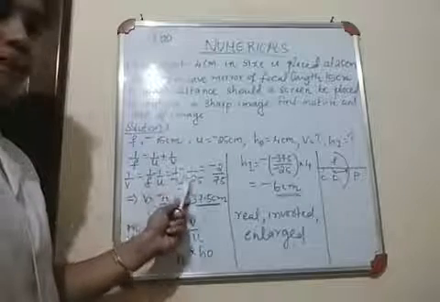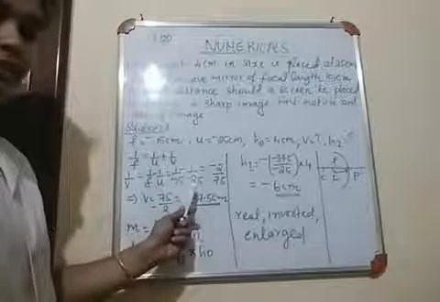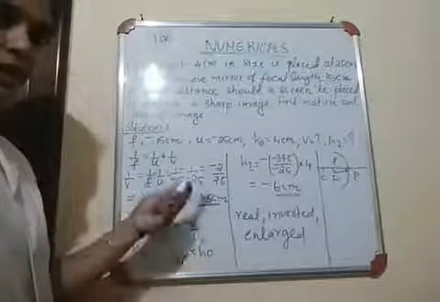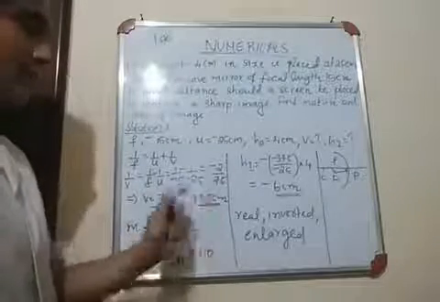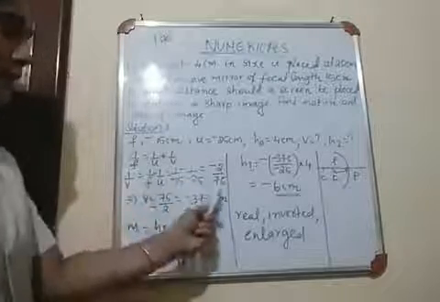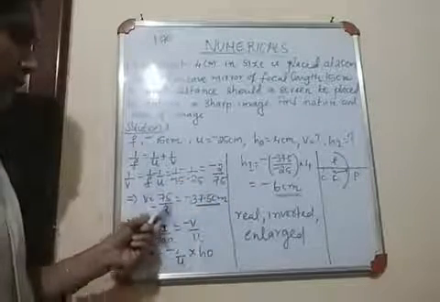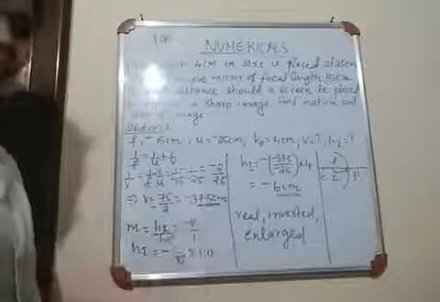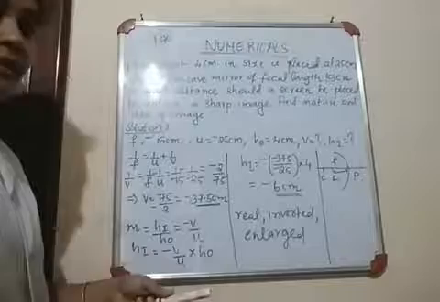Minus into minus is plus. And when you simplify this, you can either cross multiply and simplify it, or you can take the LCM. Minus 2 by 75. So 1 by V is minus 2 by 75. Therefore V will be 75 by 2. That is minus 37.5 centimeter. So V is negative.